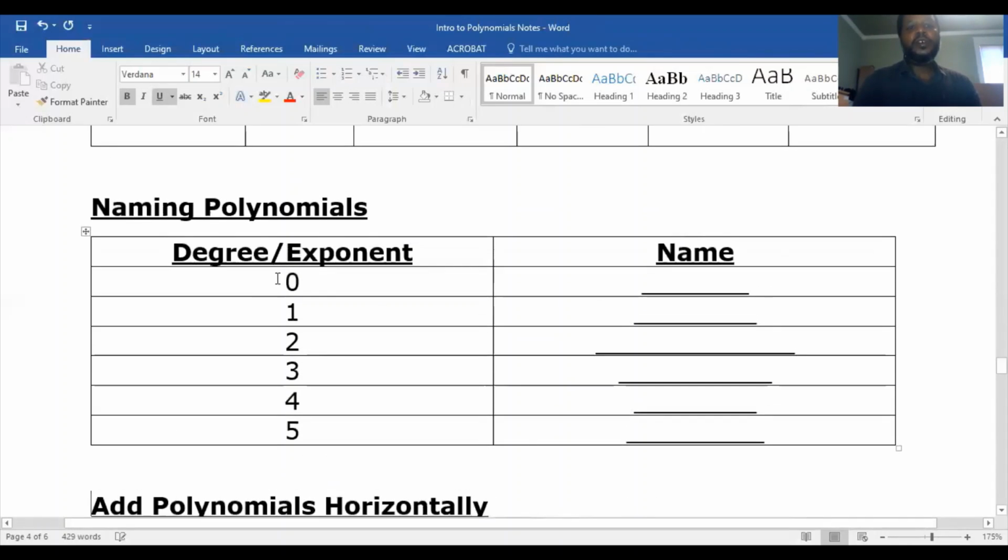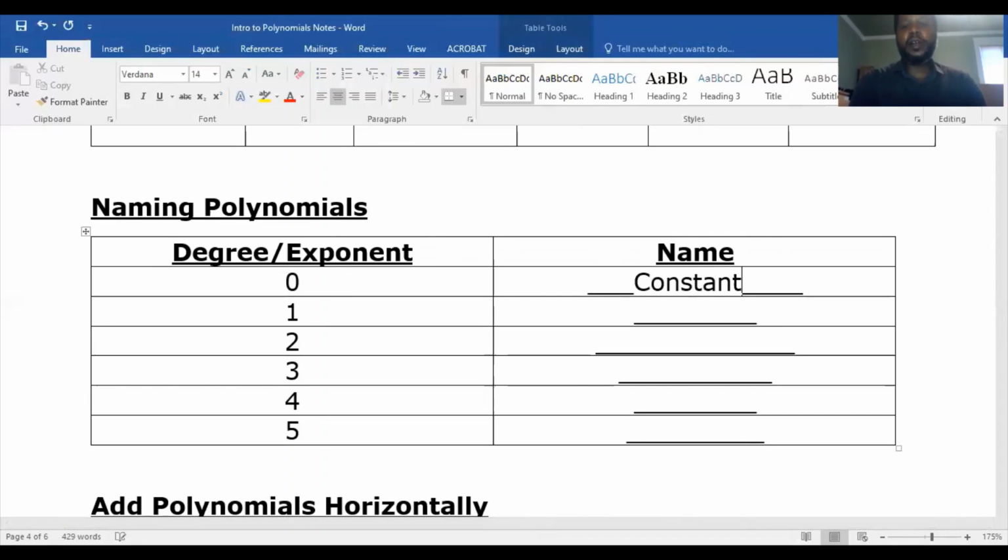Okay. So if there is no variable, right? And there's no exponent, we call that a constant. I've got to write that down. Constant.